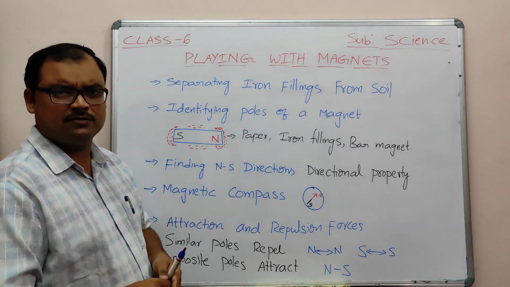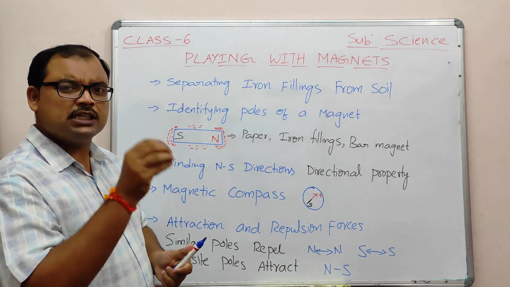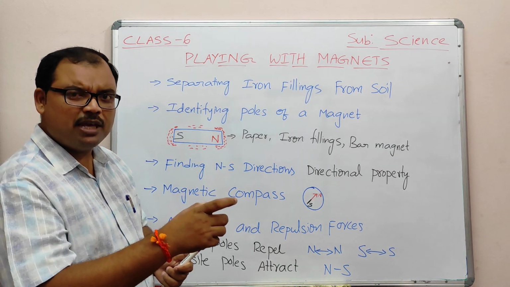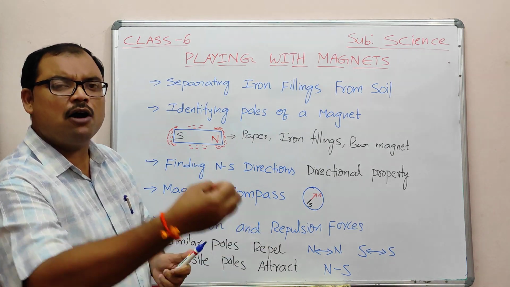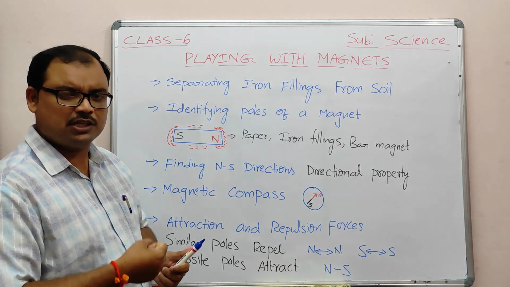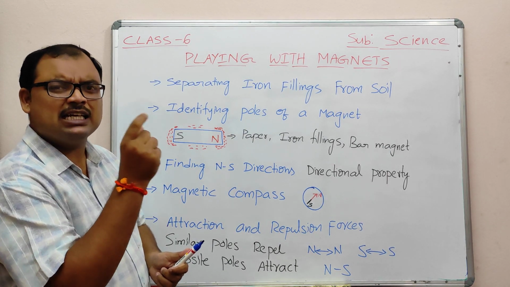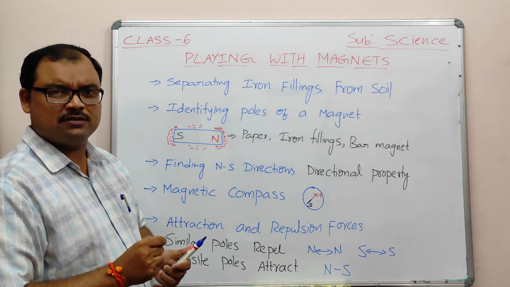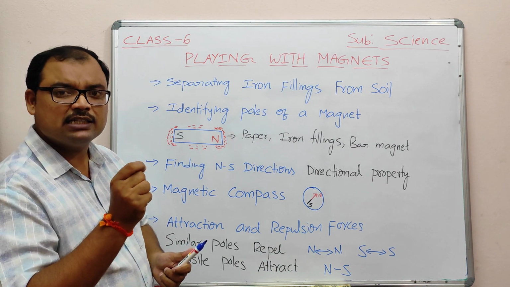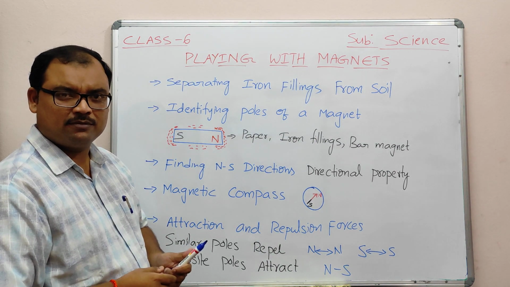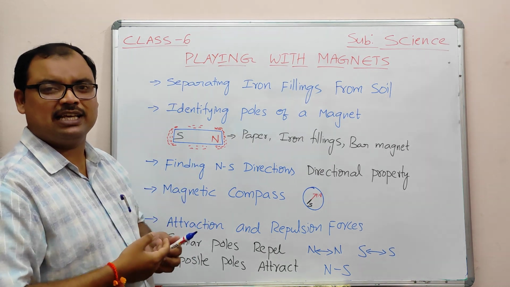Don't do anything else. After some time, when we pick the bar magnet out of the soil, some dark colored small pieces will be attracted to the bar magnet. We wonder, what are they?